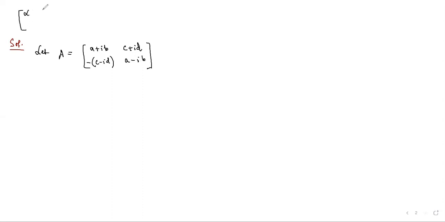Because keep in mind the structure of the element from this particular set is of the following form. Beta bar is the complex conjugate of beta, alpha bar is the complex conjugate of alpha. And my second matrix is of the following form. We are choosing these two elements from the set R that has been defined in the question.